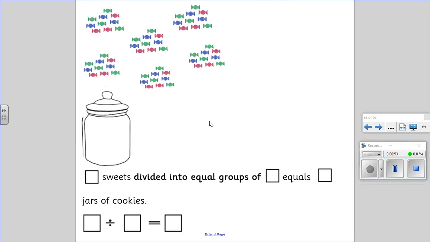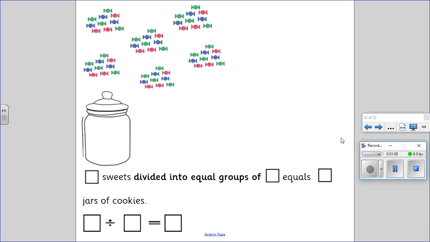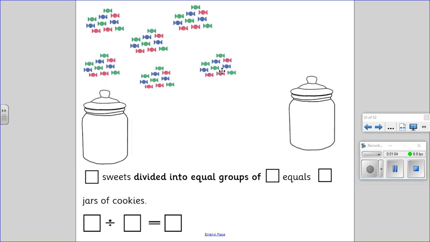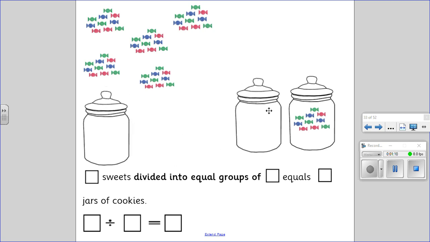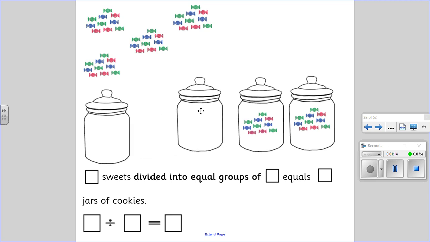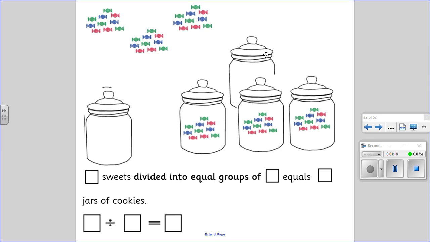Okay, right, let's start grouping our sweets. I'm going to get a jar to begin with and put in my first 10 sweets. Then I'm going to keep getting them to make sure that I'm grouping them in tens to see how many jars I will need.